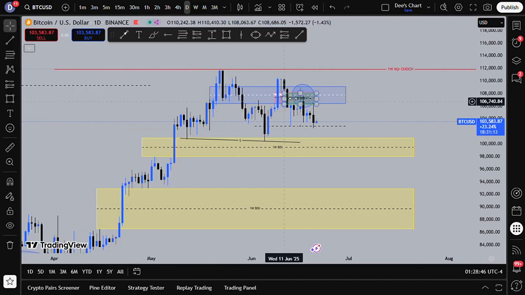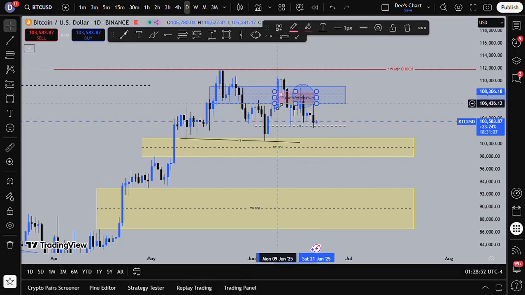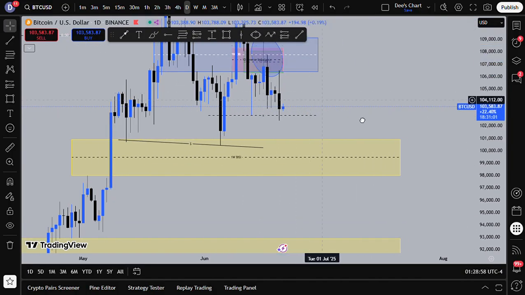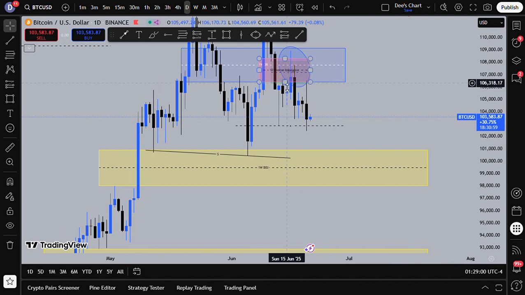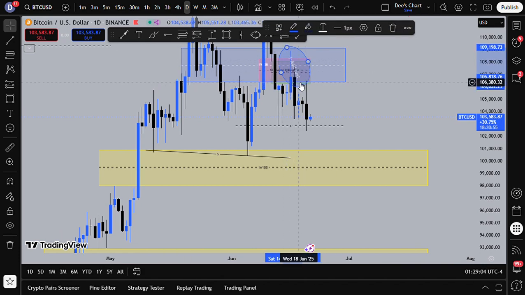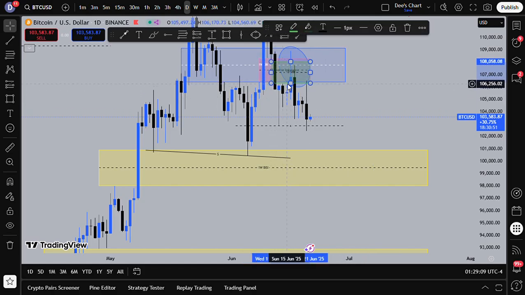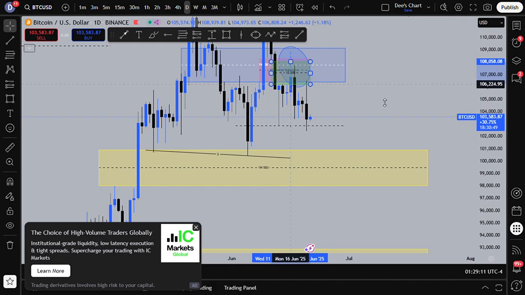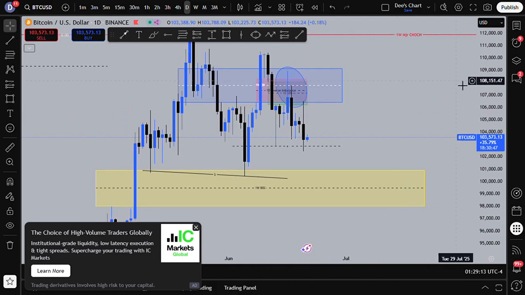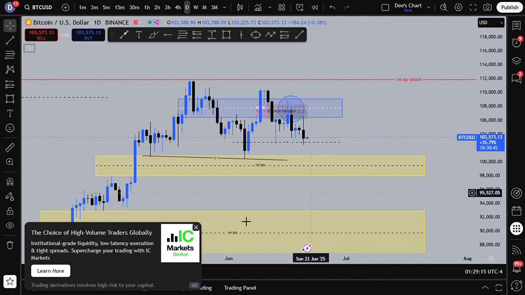Since we have daily confirmation that we are bearish, the reason we are bearish is because we have violated this daily BISI by creating a daily SIBI, and not only that, we also created a balanced price range, which is these two POIs overlapping one another.